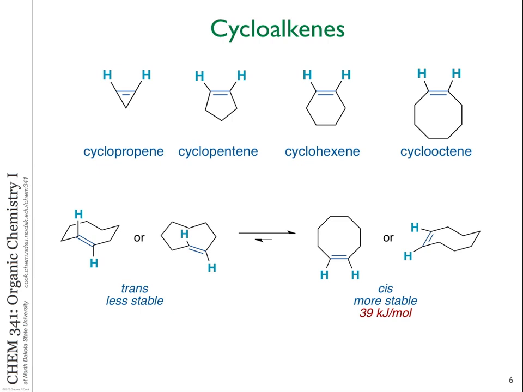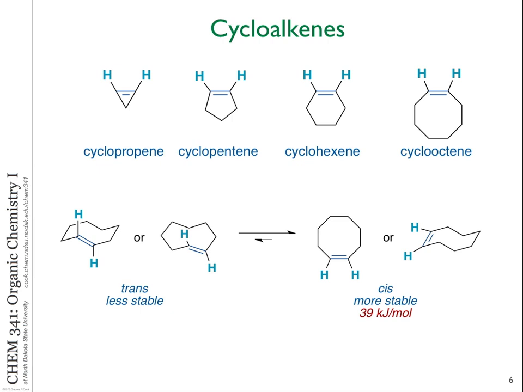You could have a trans double bond, it could fit and still be connected by those 4 atoms in the back. So it's possible to have the trans double bond, although it is strained. It's more strained than the cis double bond simply because these bond angles tend to become much shorter. So you have a lot of angle strain when you have this trans double bond.